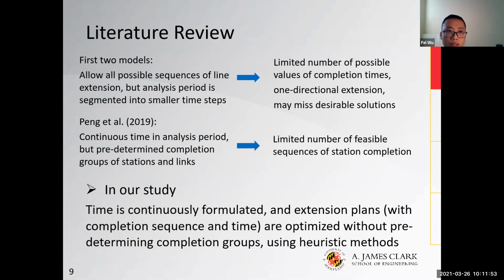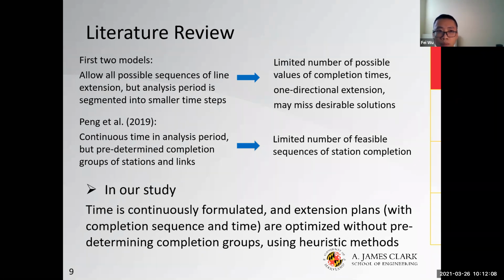So we can see that in the first two models, all the possible sequences of line extensions are allowed, but the analysis period is discretized.